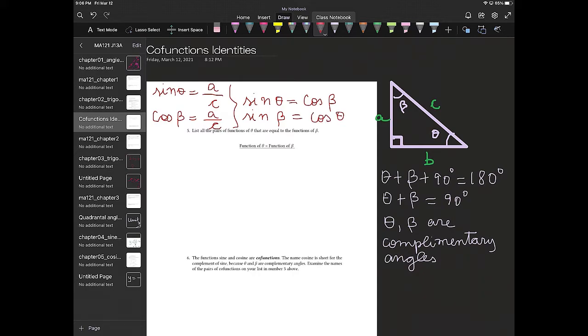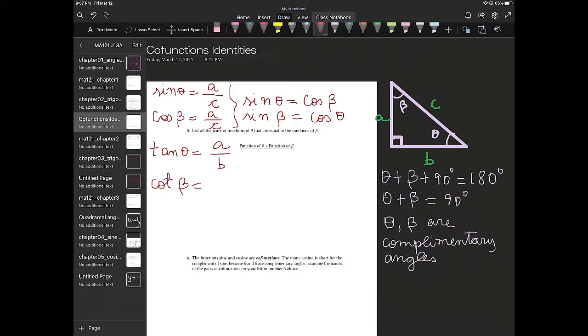Now let's take a look at the tangent of theta. Tangent of angle theta is defined as the opposite of theta divided by the adjacent of theta. The opposite of theta is A, the adjacent is B. If we take a look at the cotangent of angle beta, the cotangent is defined as adjacent over opposite.